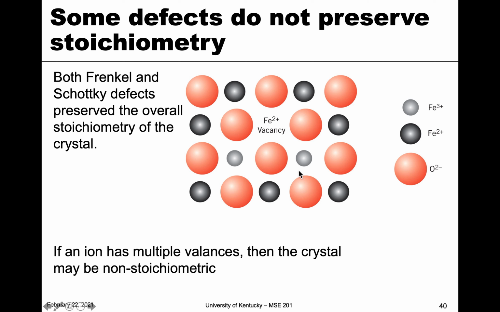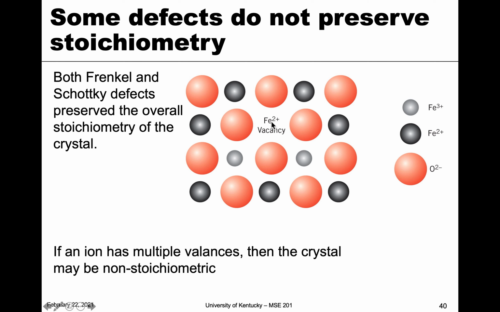And so obviously that creates a charge. And so to counter that, we also have the substitution of these iron ions for a different valence, so Fe3+. So two of those substituted for the 2+ would balance the missing charge that we have from the Fe2+.